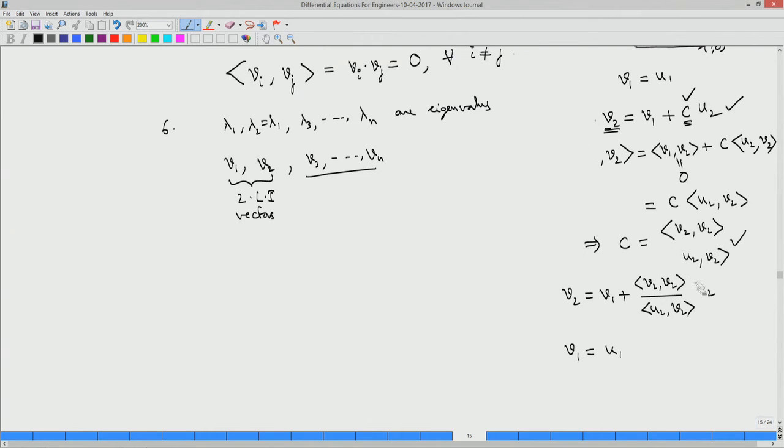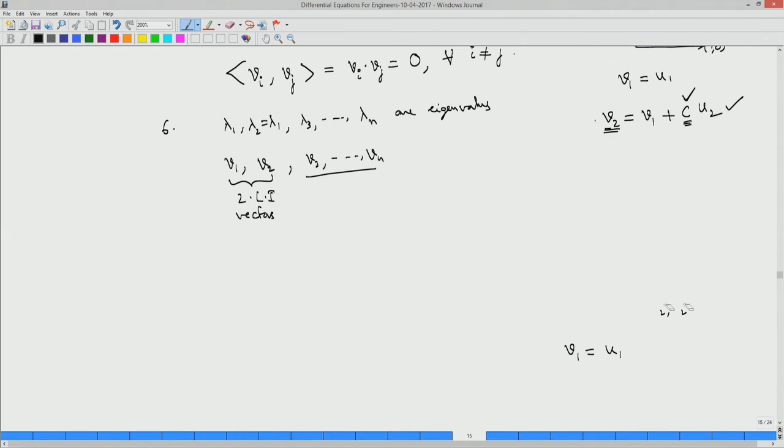No, not like this, so let's redo it. You choose C in such a way that V2 is orthogonal to V1. You take the dot product with V1 on the left and right sides: V1 dot V1 plus C times U2 dot V1.